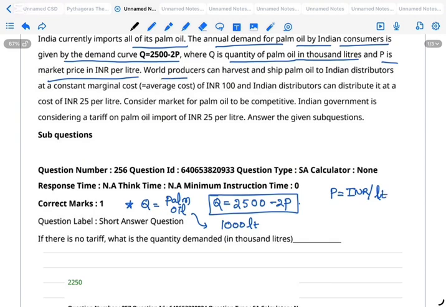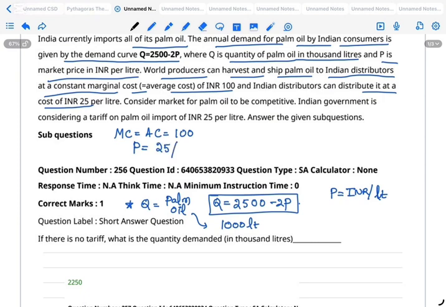The world producers can harvest and ship palm oil to Indian distributors at a constant marginal cost and average cost equal to 100. This one is also important. Indian distributors distribute at a cost of 25 rupees per liter.